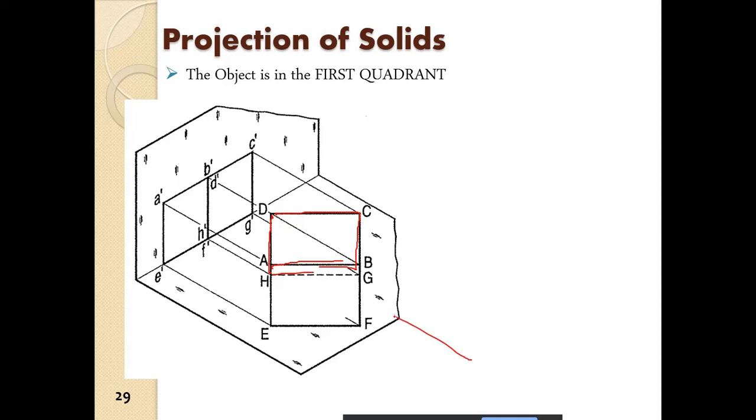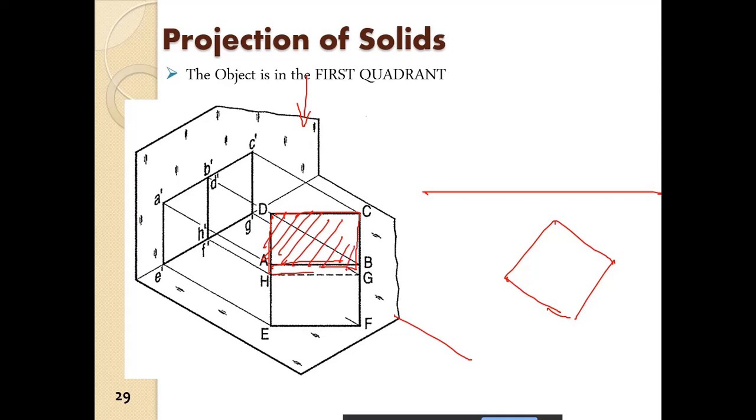All right, first of all, if you see from top, what I will see is this surface, A, D, C, B. So this is the surface that I will see.